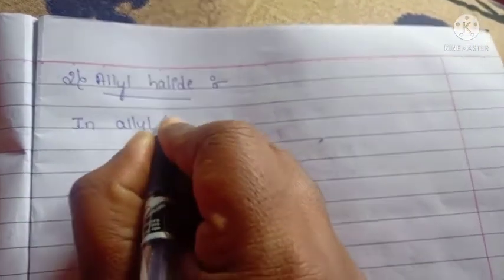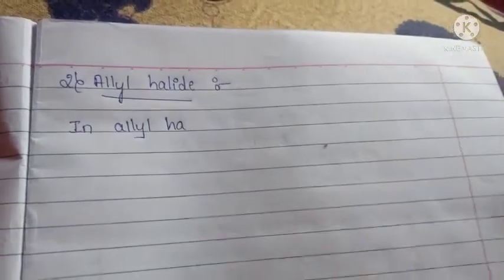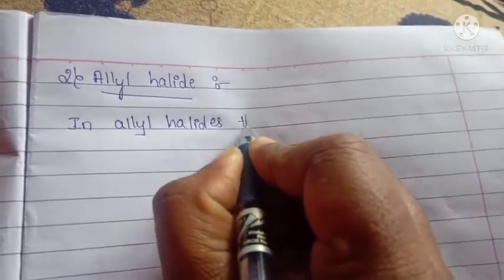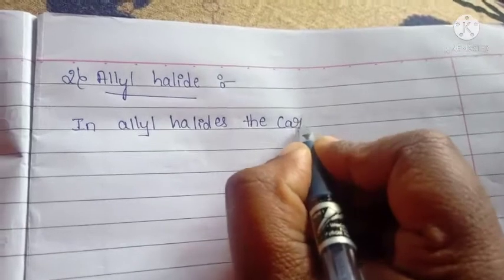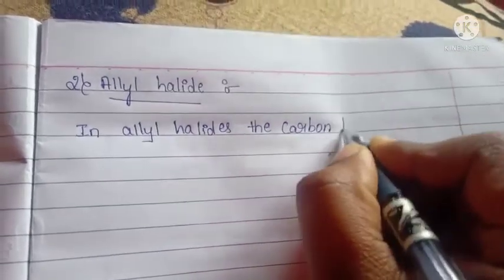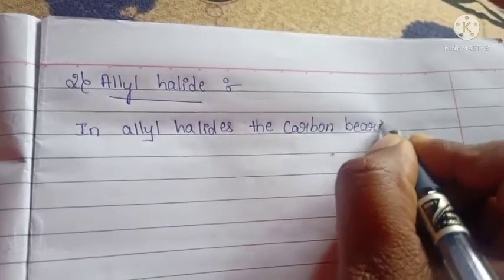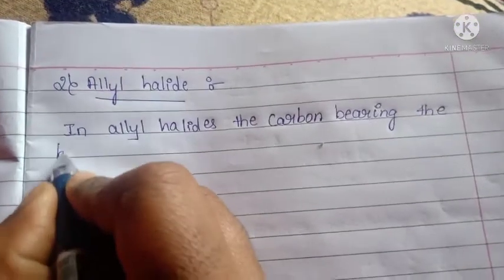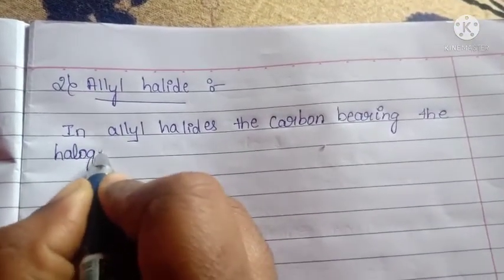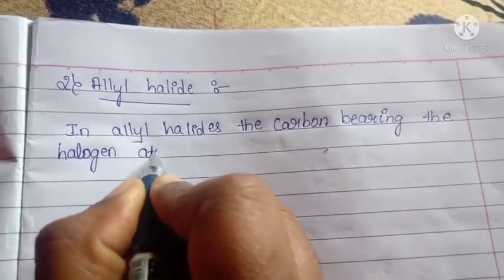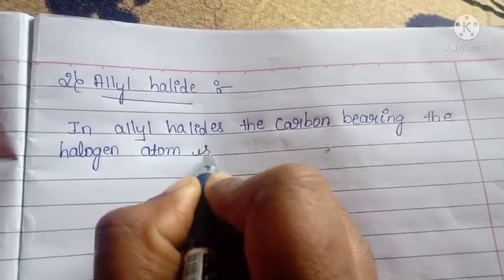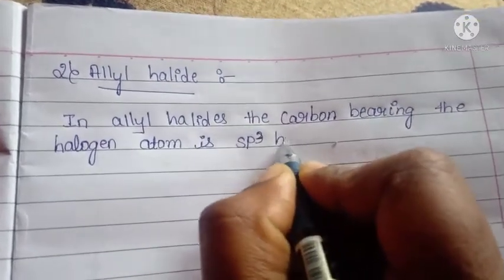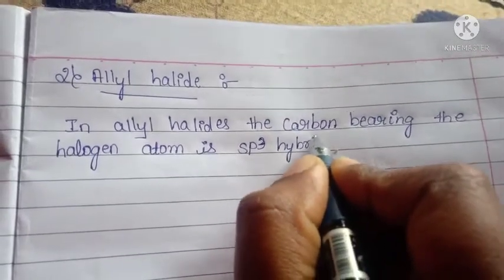Okay, in allyl halides, the carbon bearing, means attached, bearing the halogen atom is sp3 hybridized.